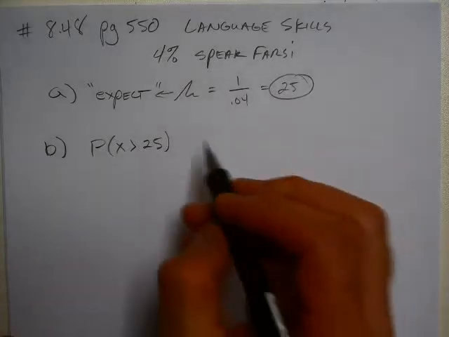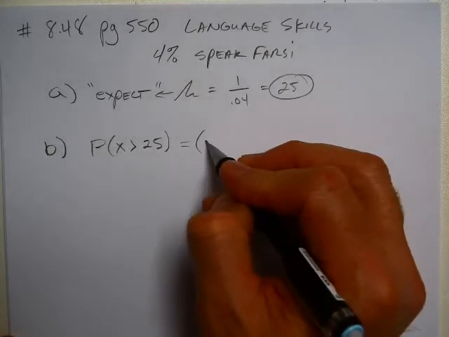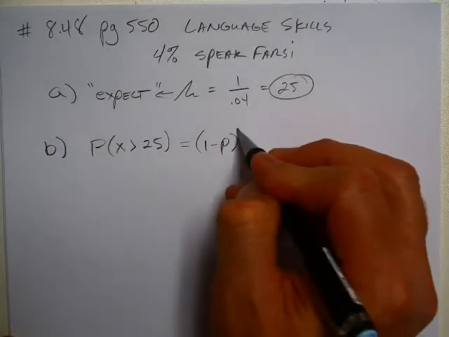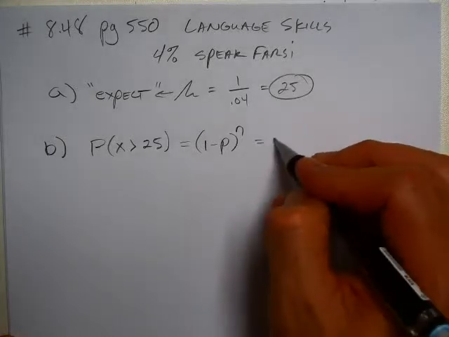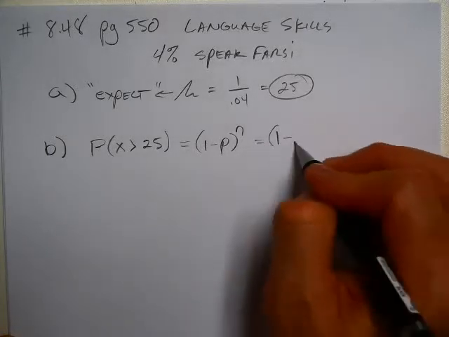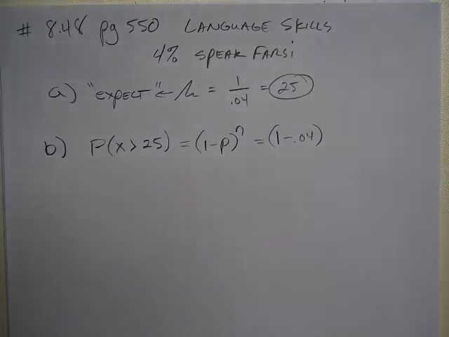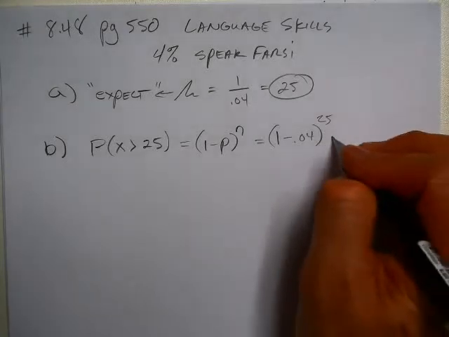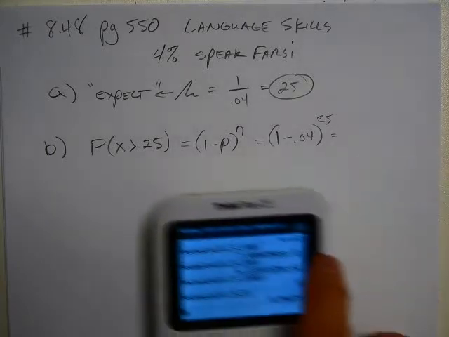You have to use this new formula, which is going to be 1 minus p to the nth power. In this case, this is going to be 1 minus 0.04, where n is 25. So it's actually, in some ways, an easier problem to solve in terms of what you're doing in the calculator.